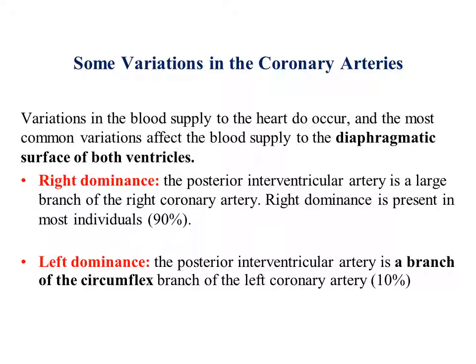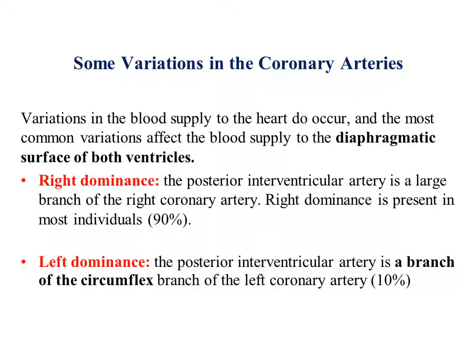On that basis, we sometimes talk about right coronary dominance or left coronary artery dominance. By right dominance is meant that the posterior interventricular artery is a large branch of the right coronary artery, and right dominance is present in most individuals, around 90%.